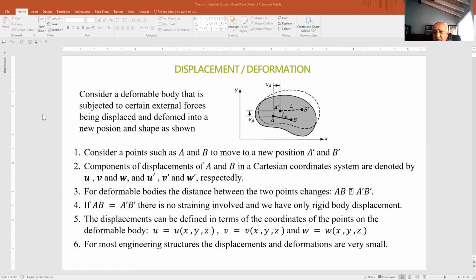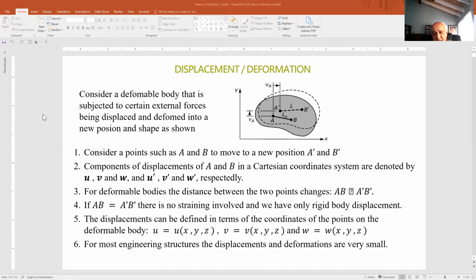And if the coordinates of that point are given, these equations should provide you the displacement of those locations. A final solution of an elastic body under external load should provide you with the displacement equations that show how much each point would move from one location to the other.